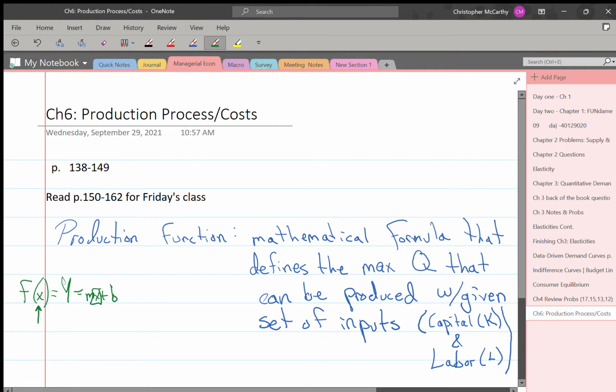So instead of using a lowercase f, we're going to use an uppercase F, and it's going to be a function of capital and labor. These are two separate inputs that combine in some way to make the quantity produced.